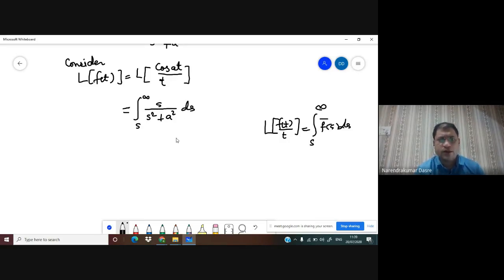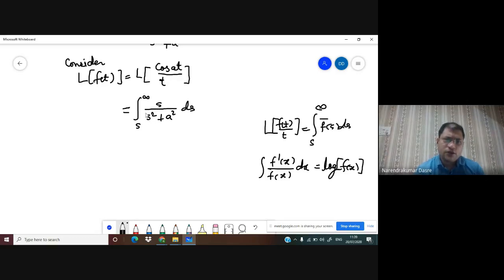Okay, that's what you'll be having. Now we have to integrate this. So you have the formula for integration: integral of f dash of x upon f of x dx is equal to log of f of x. So this is the formula we have.